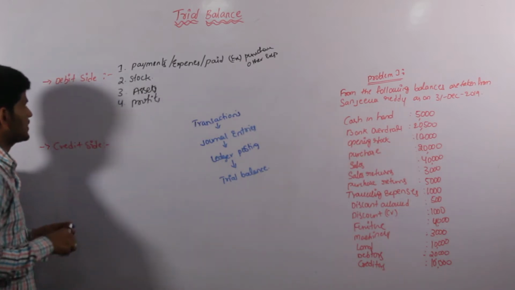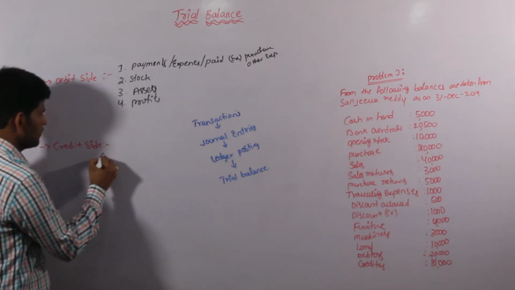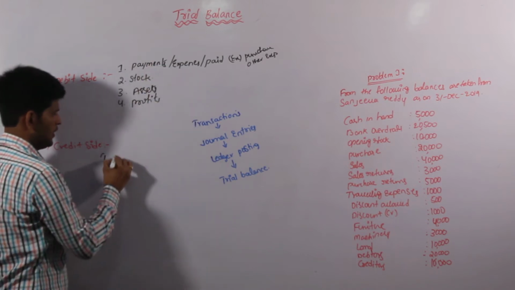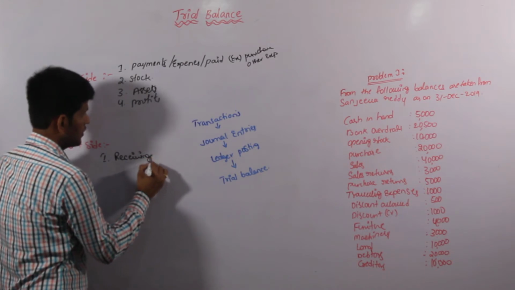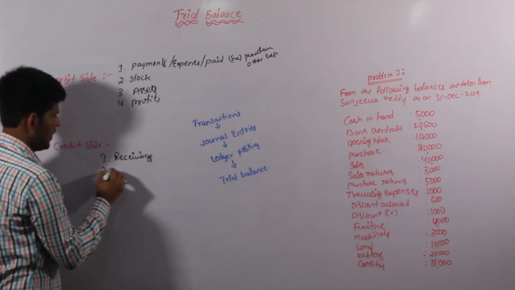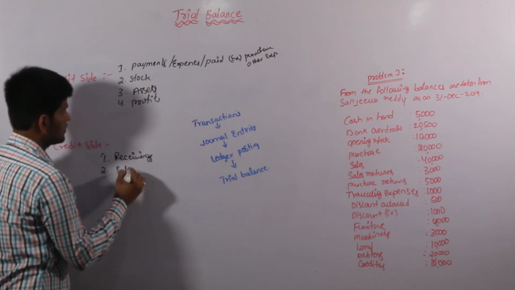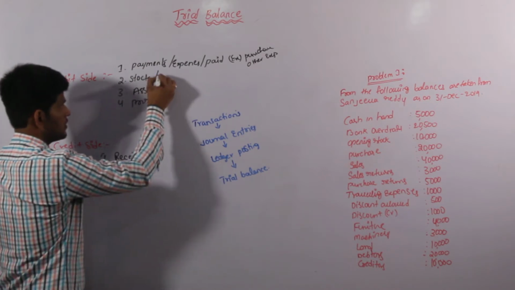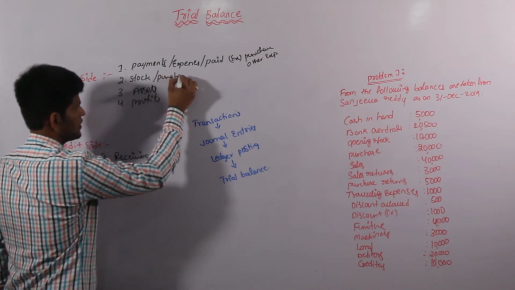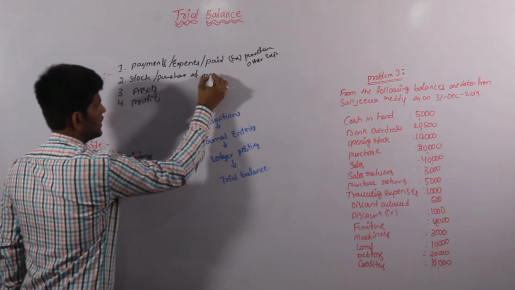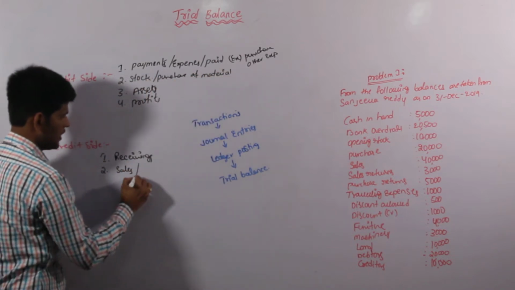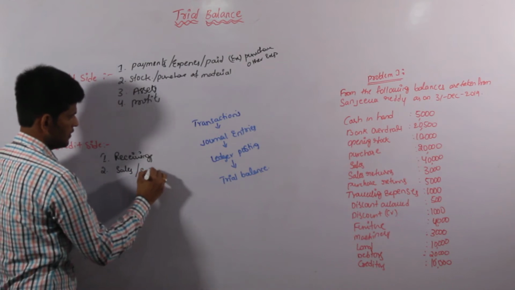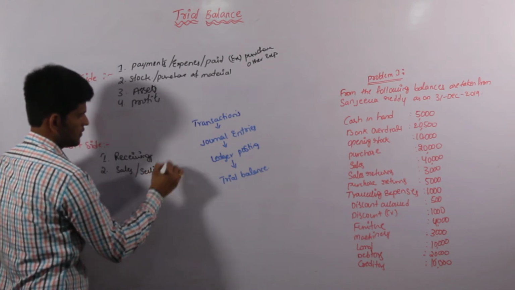And come to the credit side transactions. The first one is receipts. Next we have stock, and the next one is sales. Stock also consists of purchase of material, which will be converted into sales as well as selling.